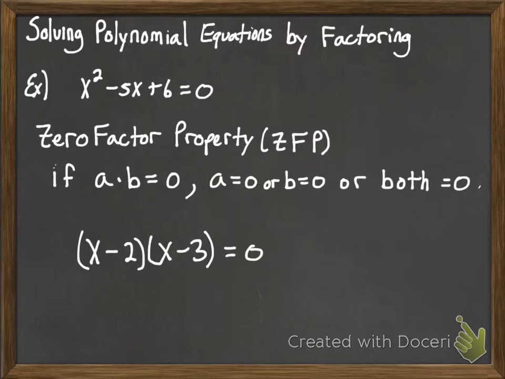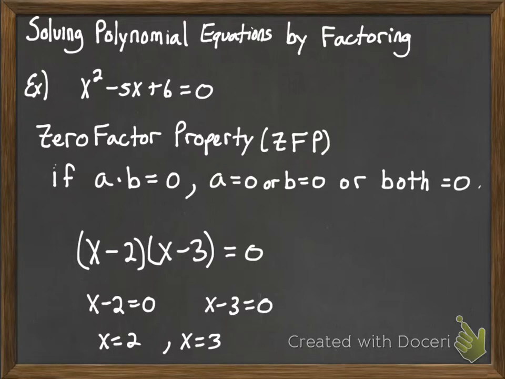But what we do know is that the only way this could be true is if one of those two expressions, either x minus 2 or x minus 3, is 0. So for this to be true, either x minus 2 has to be 0 or x minus 3 has to be 0. That gives us some linear equations that we can solve very easily without a whole lot of work to get our solutions for the equation. x equals 2 and x equals 3.